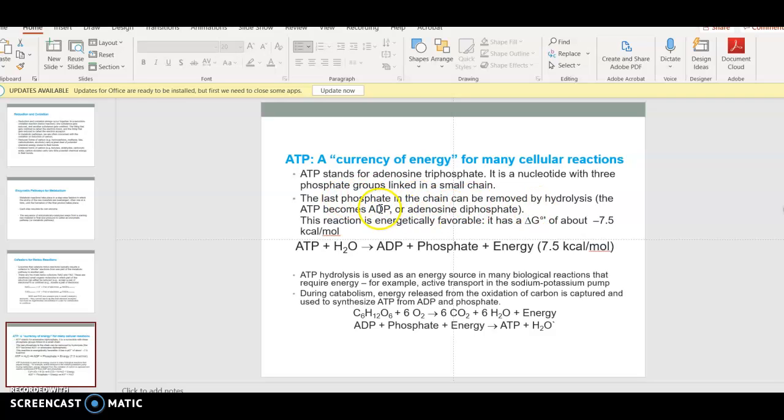The ATP becomes ADP, or adenosine diphosphate. This reaction is energetically favorable. It has a delta G of about -7.5 kilocalories per mole. You learn in enzymology that for a reaction to move forward, favorable towards the product, it must have a negative delta G. Sometimes in the cell you will see a positive delta G reaction.